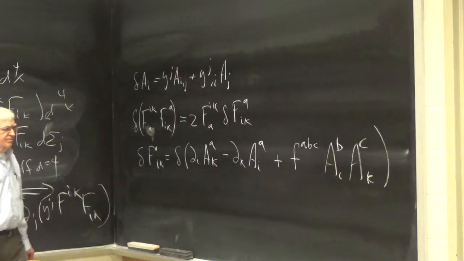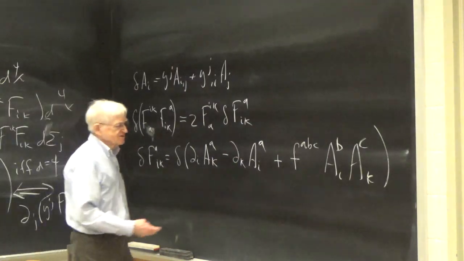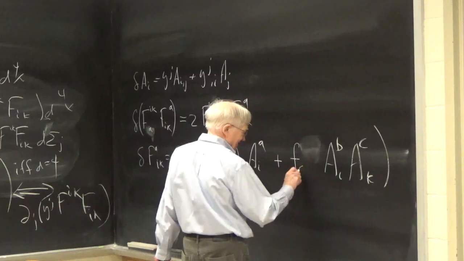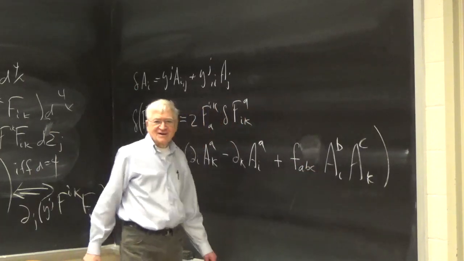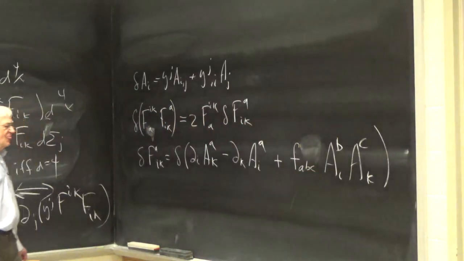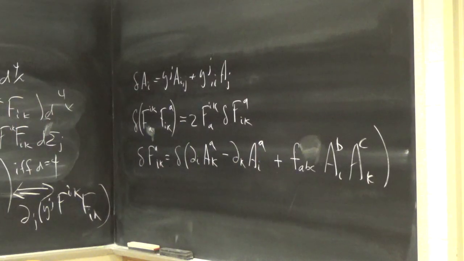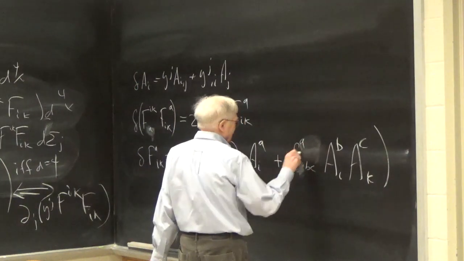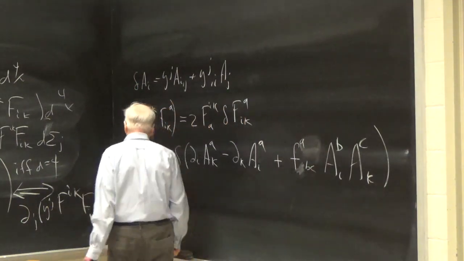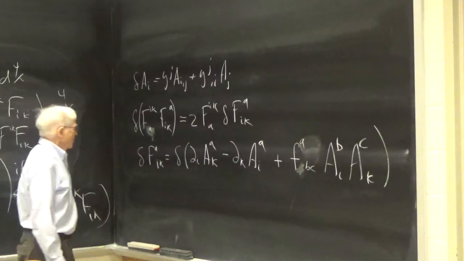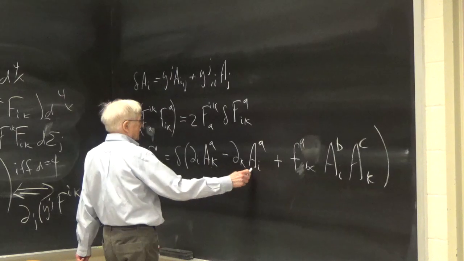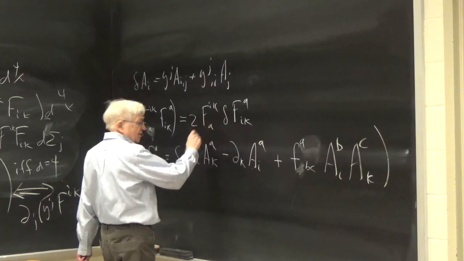And so, since we have those up, we might as well put them down to make it look a little neater. But anyway, we've already figured out that this part is okay.